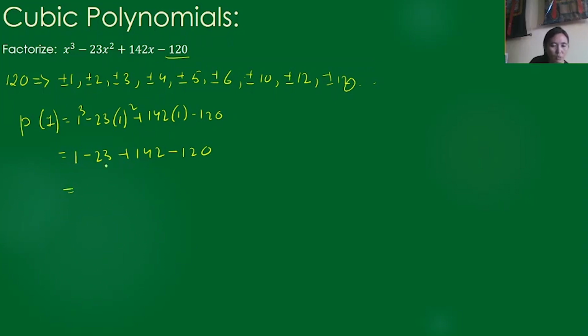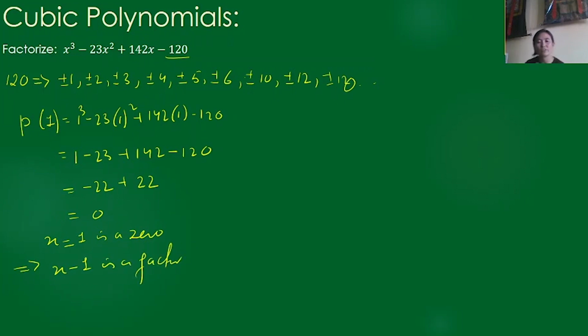This is 1 minus 23 which is minus 22, plus 142 minus 120, which is 22. So here you get 0. So p of 1 is 0, which implies that x minus 1 is a factor. So you get only one factor here.